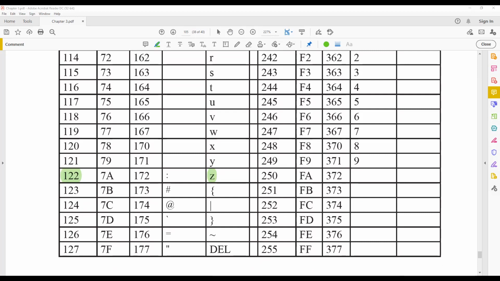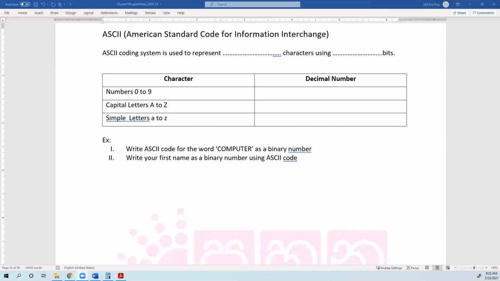Let me share it again. So here is our note. I have to fill from the beginning again. So this can be used to represent 128 characters, and we need to use 7 bits for this. The characters 0 to 9 we represent using decimal numbers. The 0 is represented with 48 and it goes up to 57.